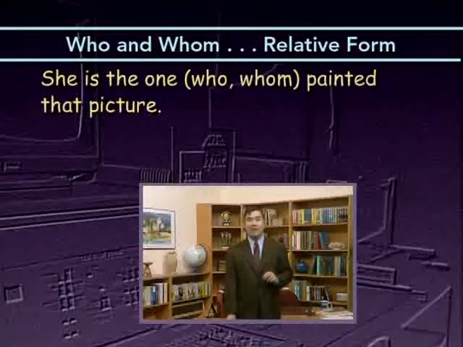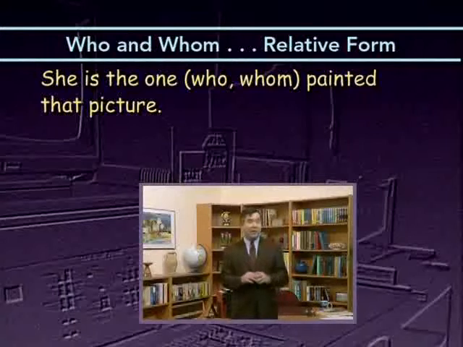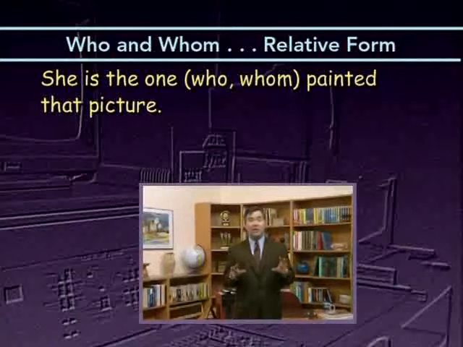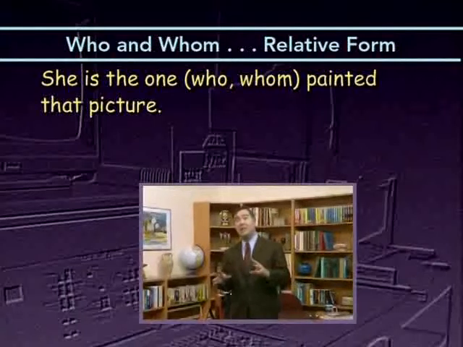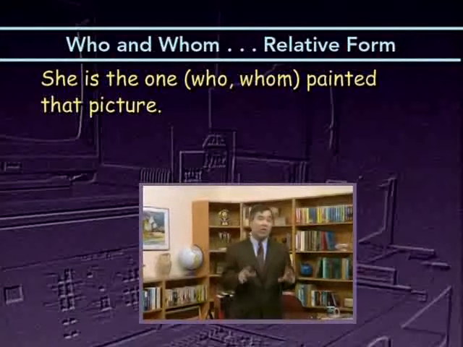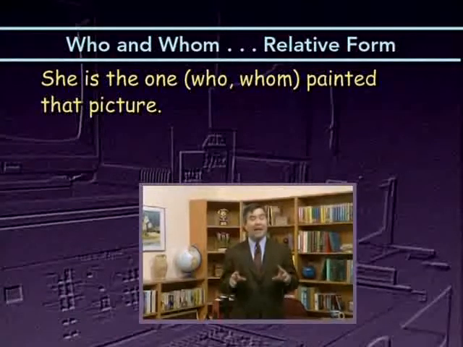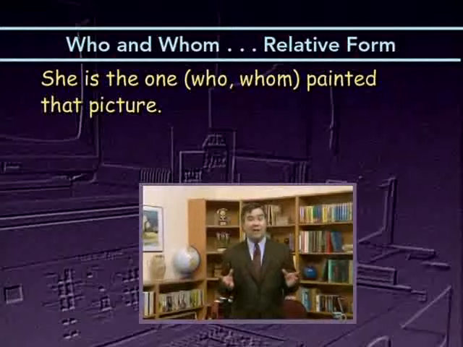Here's the first one. She is the one who or whom painted that picture. Now here, who or whom is being used as a relative pronoun to introduce the subordinate clause, who or whom painted that picture. In order to determine which pronoun is correct, again, look for the verb and then ask who or what is the subject of that verb.